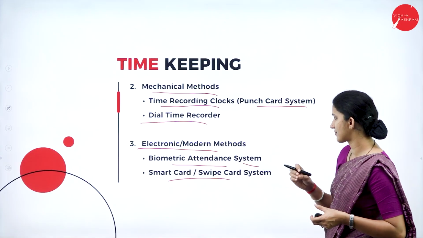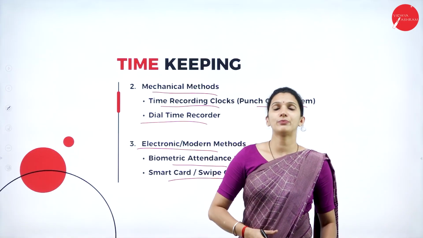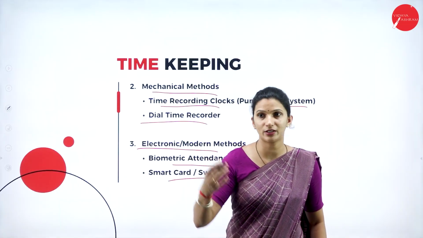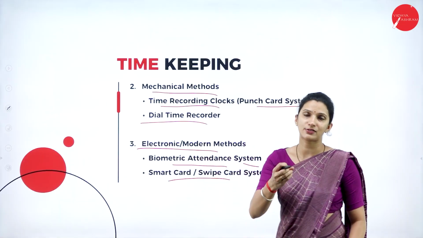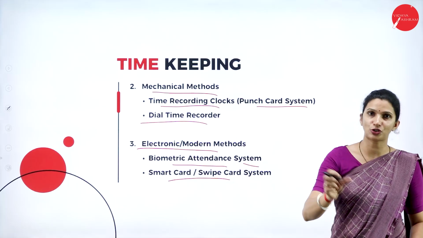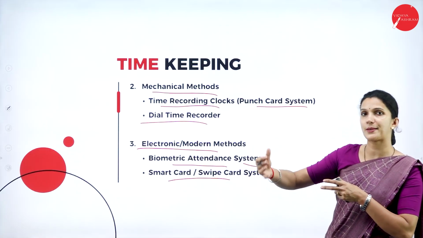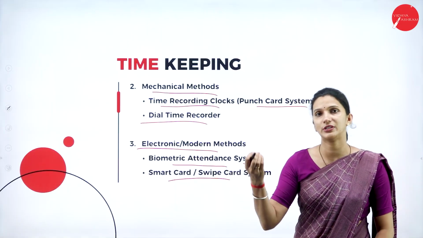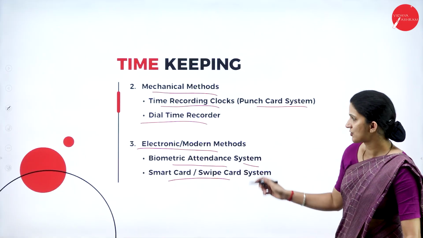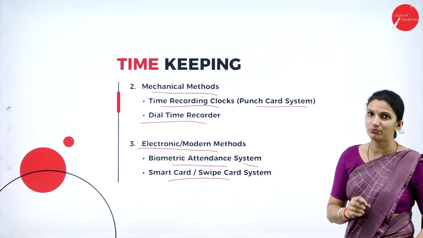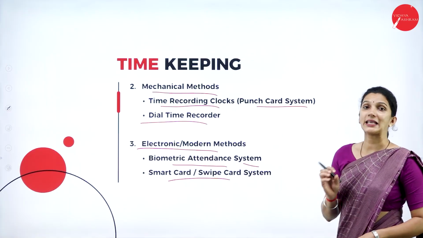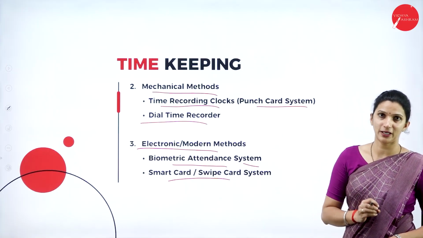Then the smart card or the swipe card system, where each employee has a smart card. Whenever he enters, the card is swiped and his entry time is automatically recorded, and when he swipes the card on leaving, his exit time is maintained. So that is the electronic or modern method that we have to record the entry time and the exit time of the employees.